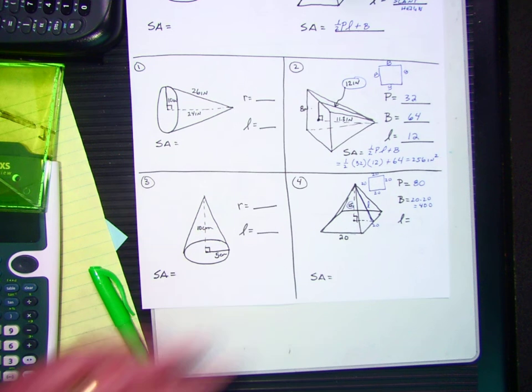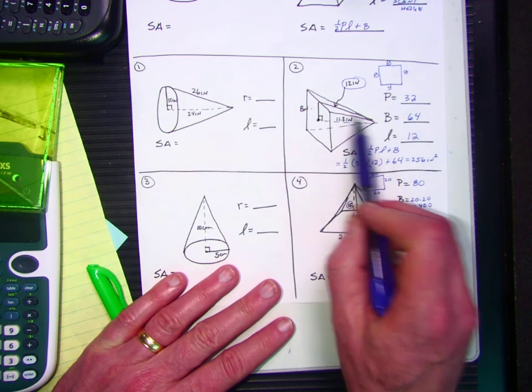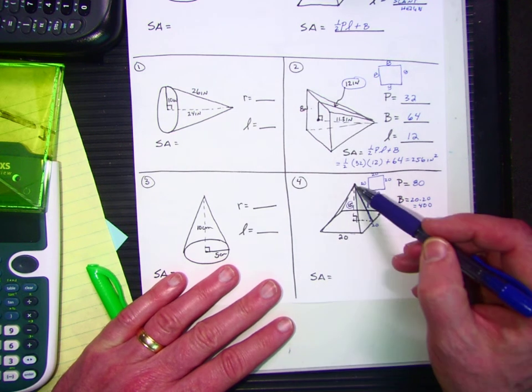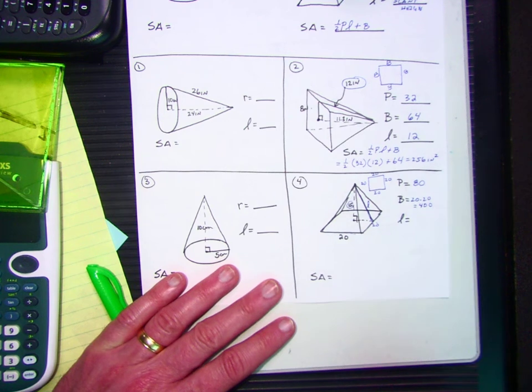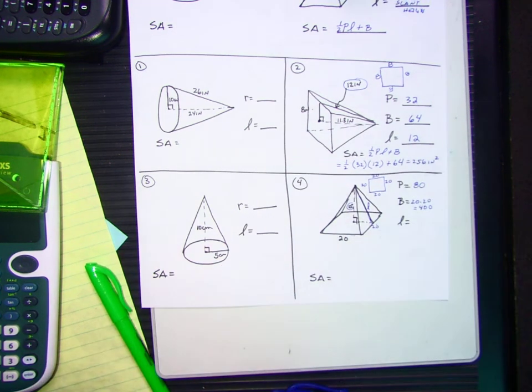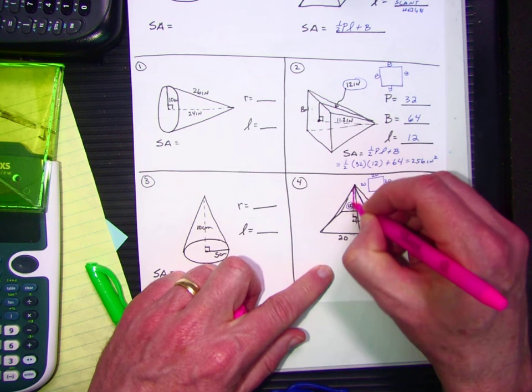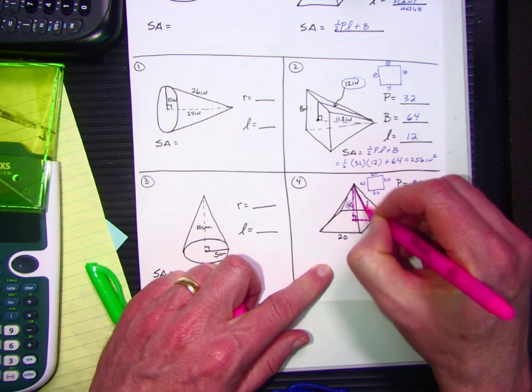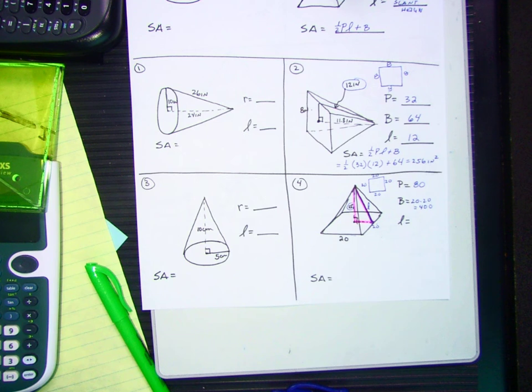Now that slant height, we need to actually compute it. On all of these, you're either being given the slant height, or you're going to be given the height and you have to compute the slant height. So we're going to redraw this triangle right here, and it is a right triangle.